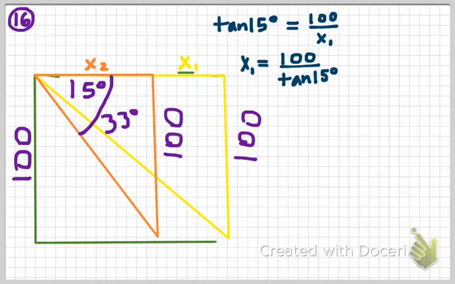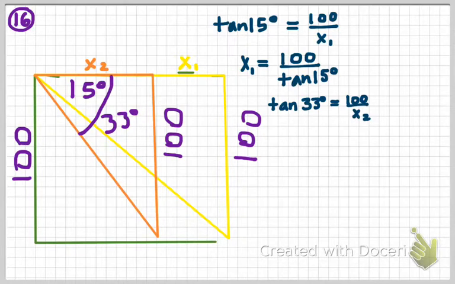So I know that my first distance is going to come from that. Then I'm going to do the same thing for the second triangle, and it's again tangent because it's the same relationships in the triangles, but now it's 33 degrees that we're working from, equals, and my opposite is still 100, and now my adjacent is x sub 2.